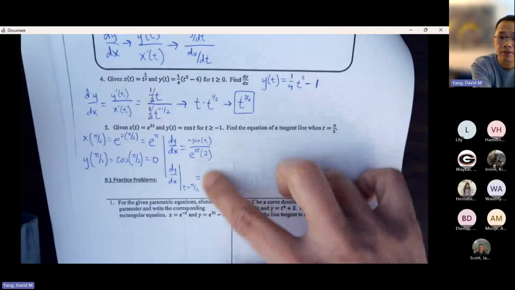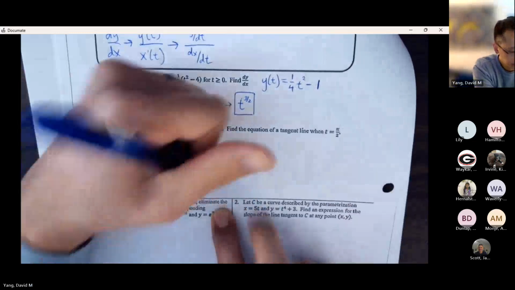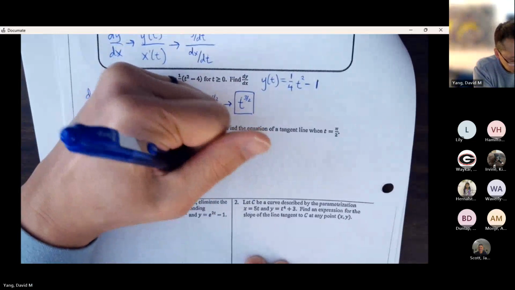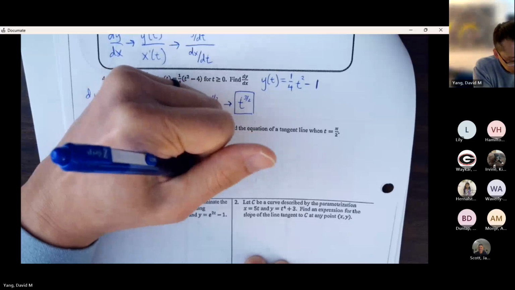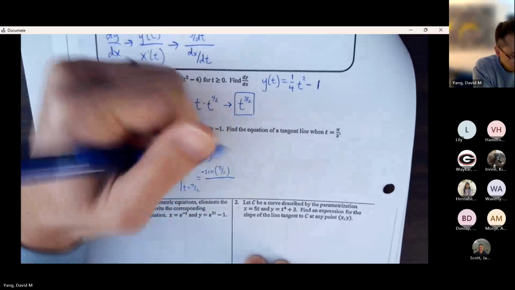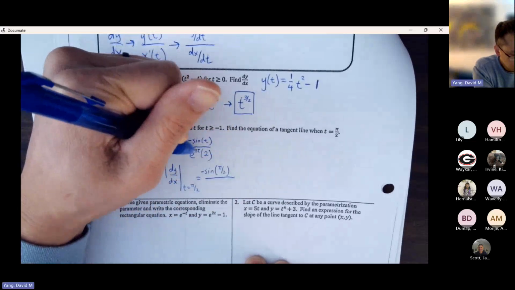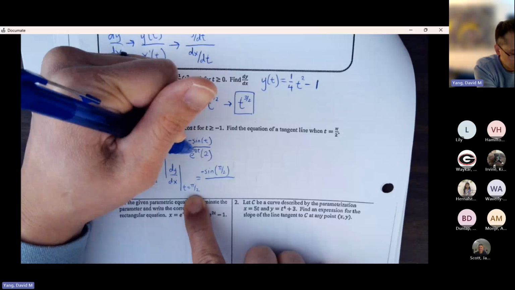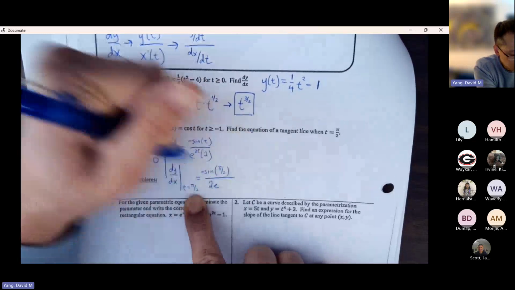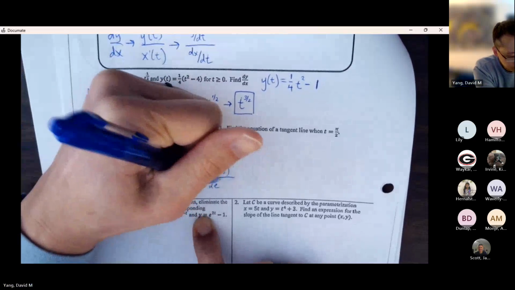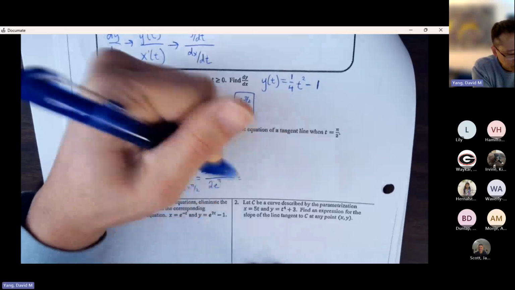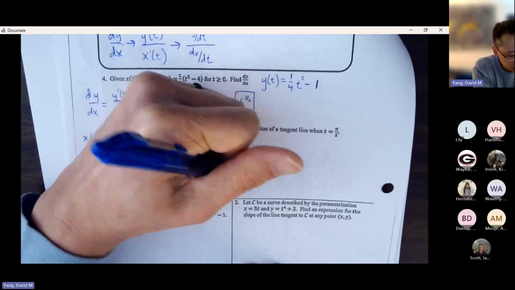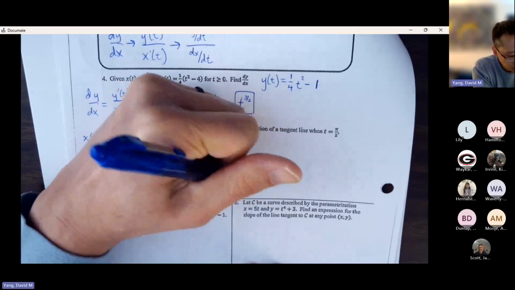So negative sine of pi over 2 over e to the 2 times pi over 2. That's just going to be 2e to the pi. So that ends up giving me negative 1 over 2e to the pi.